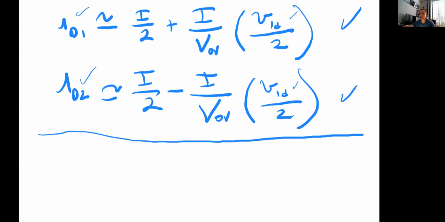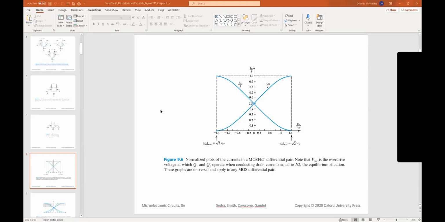So go back to and show figure 9.6. And here you can see those normalized curves.